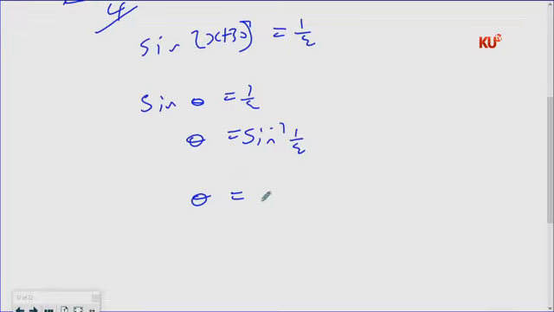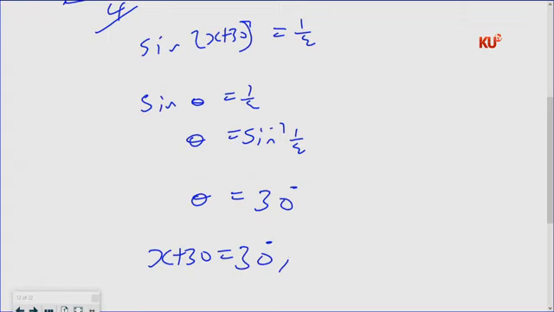So we have 30 degrees. That is our theta. Now we need to go back to the x plus 30 that we had said we can do away with. So x plus 30 is equal to, the first angle that we are getting here, 30 degrees.